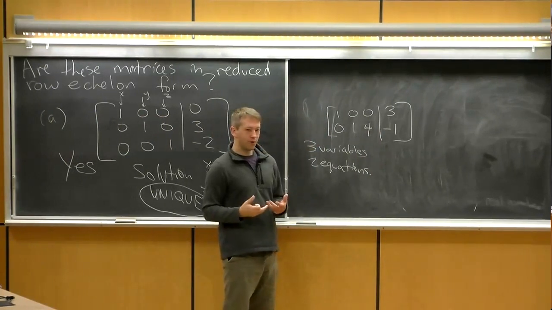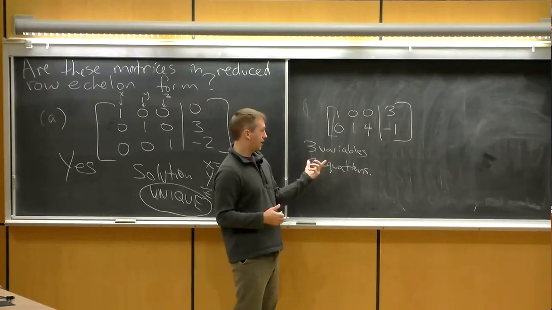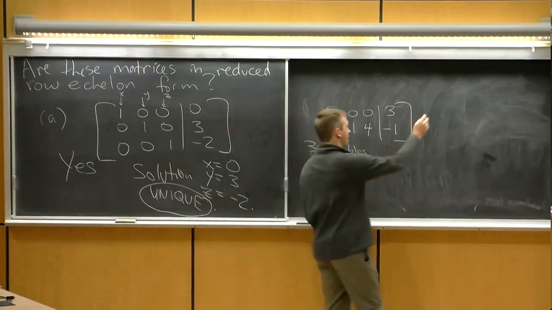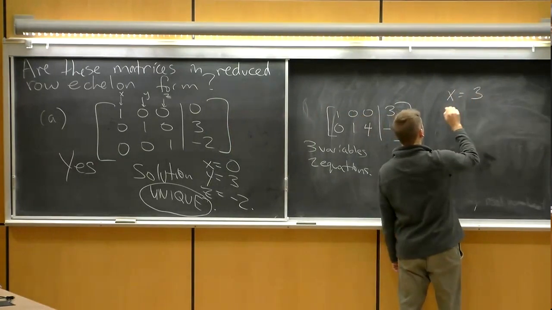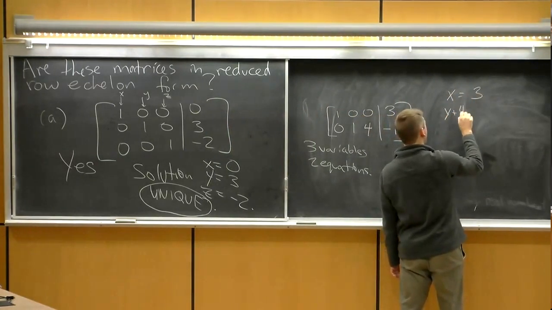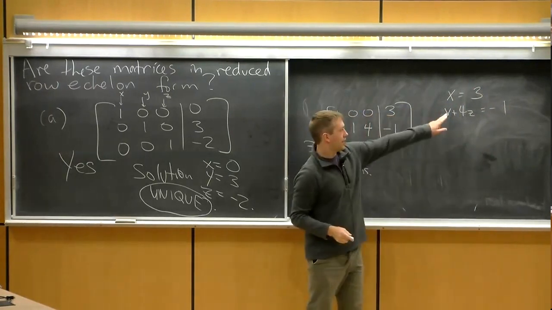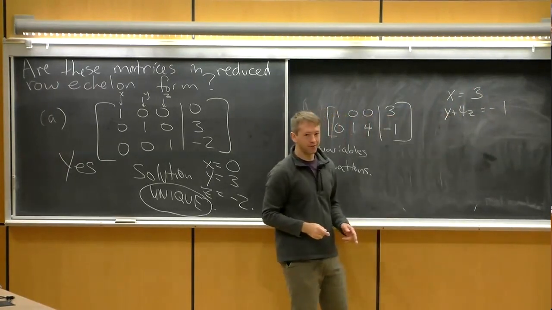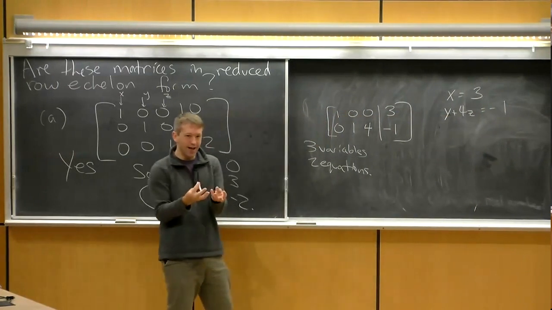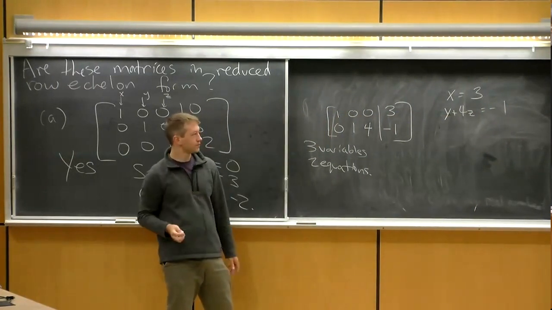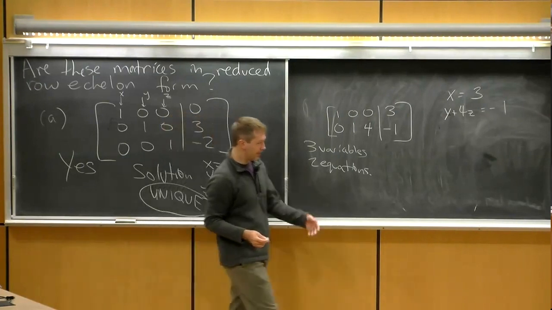So what this is saying is that x is equal to 3 and y plus 4z equals -1. But again, it doesn't say anything about z in some sense. It doesn't say z has to be some number. So then you have infinitely many solutions.